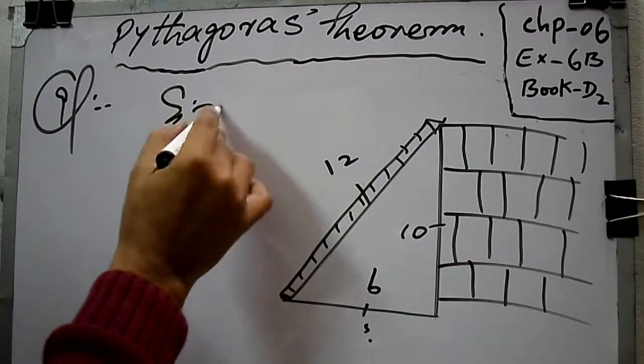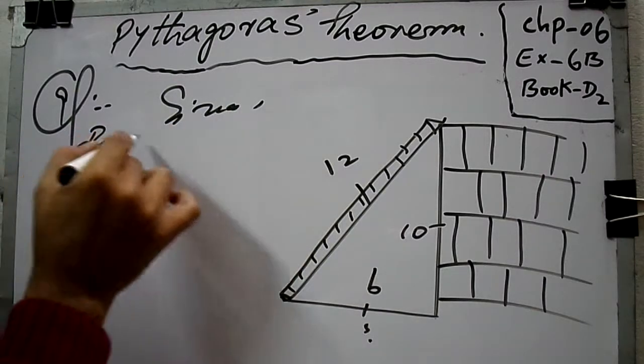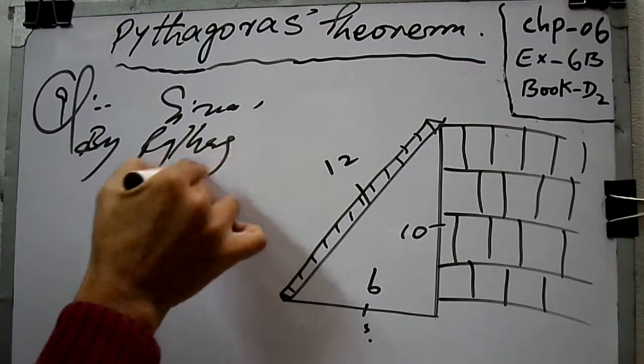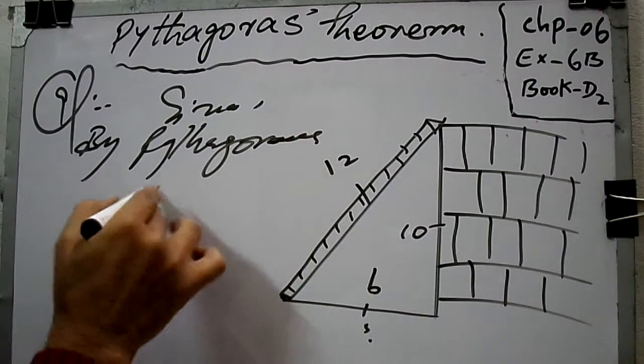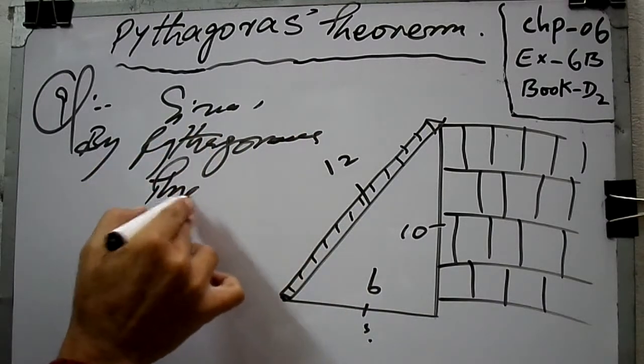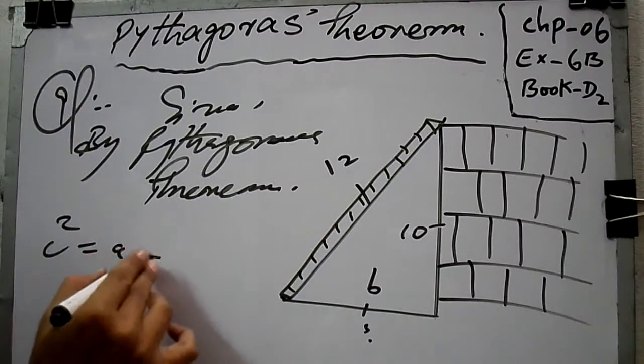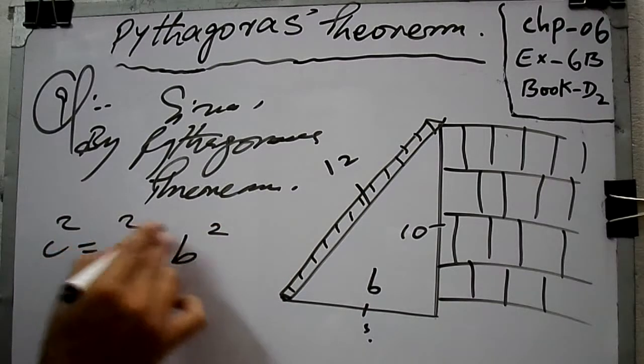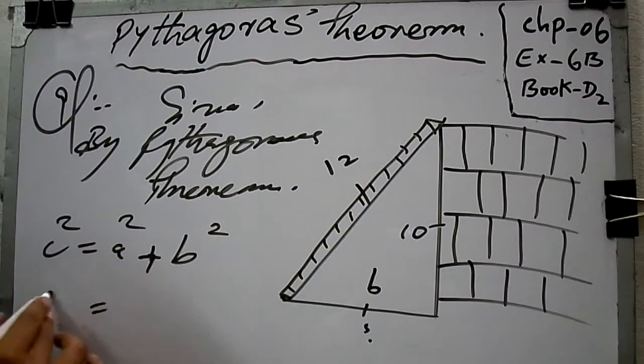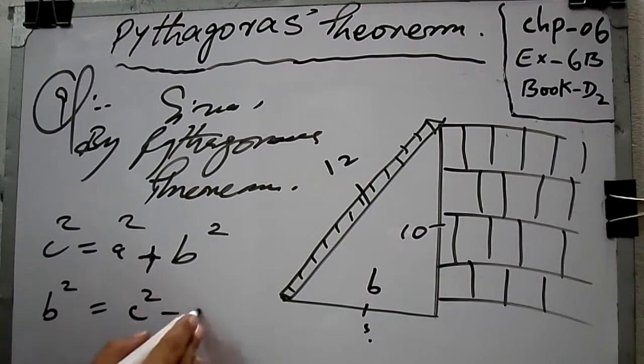Since by Pythagoras theorem, c square is equal to a square plus b square. You need the value of b, so b square is equal to c square minus a square.